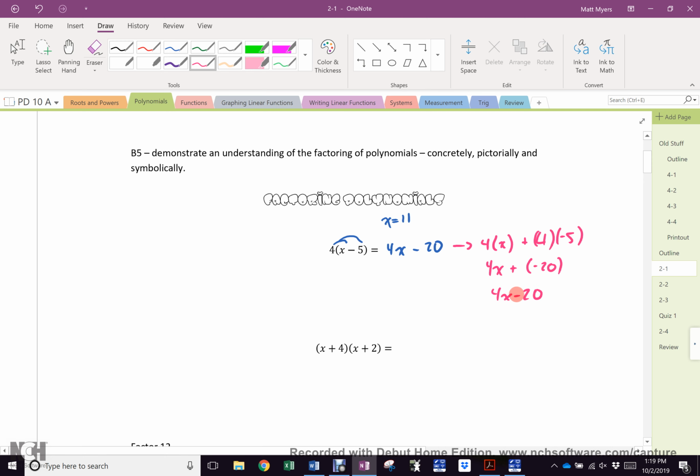Is everybody good? Excellent. Factors on this side, product on this side, right? Excellent. Now, what do we have here? Factors or a product? Factors, because this factor 1 is going to multiply by this factor 2.